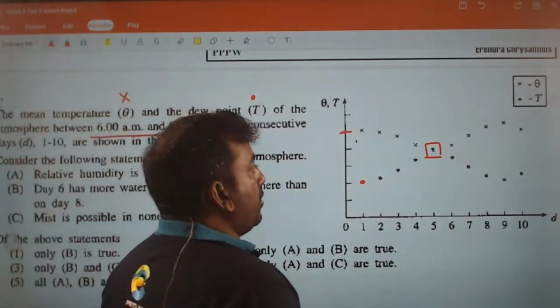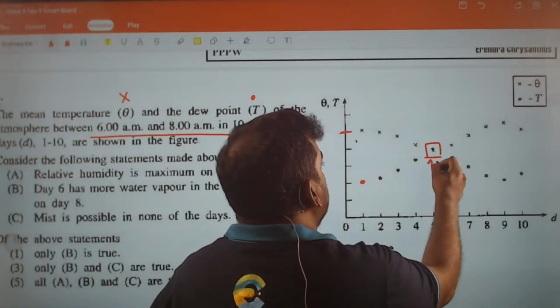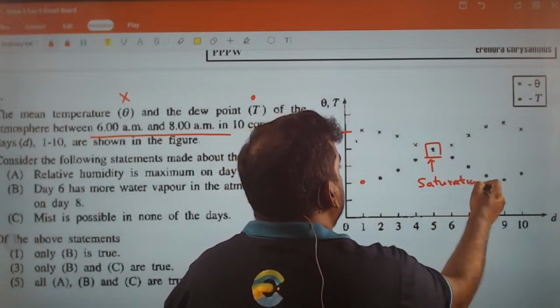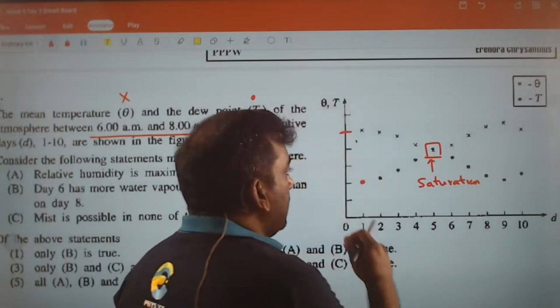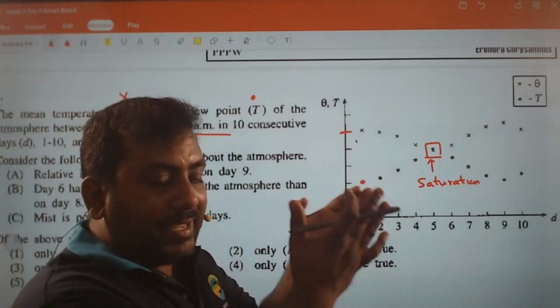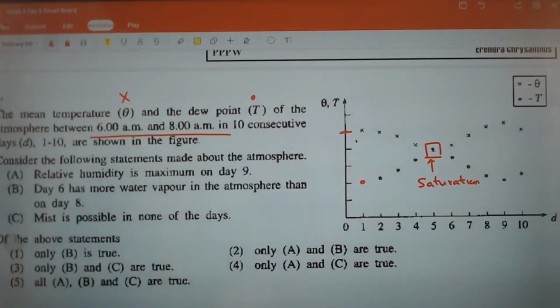Mean temperature and dew point both equal means what can you say? Saturation takes place. So at the mean temperature the water vapor in the atmosphere equals the dew point, so saturation will occur. That's very simple and direct.